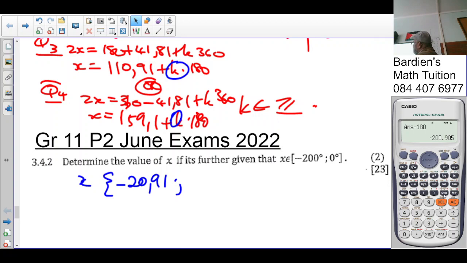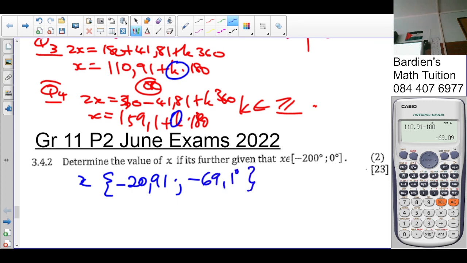Then in the first branch, which is 110,91 minus 180, negative 69,1. You're going to put minus 2 in there, which is subtracting another negative 180. So you get negative 249,1, which is outside the given domain. Okay. So those are the two solutions.